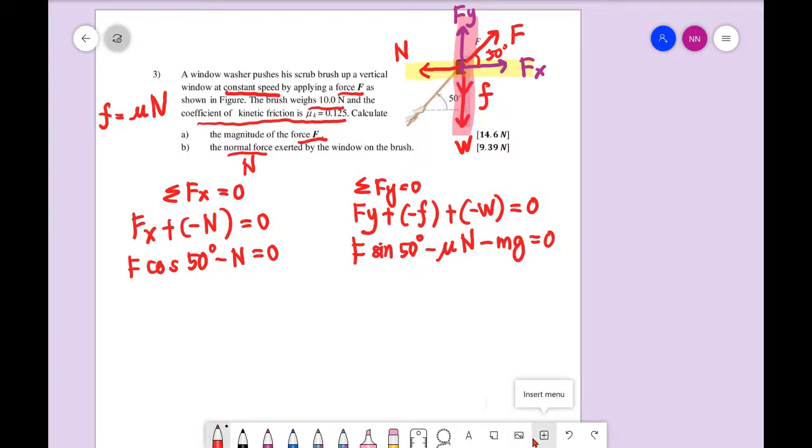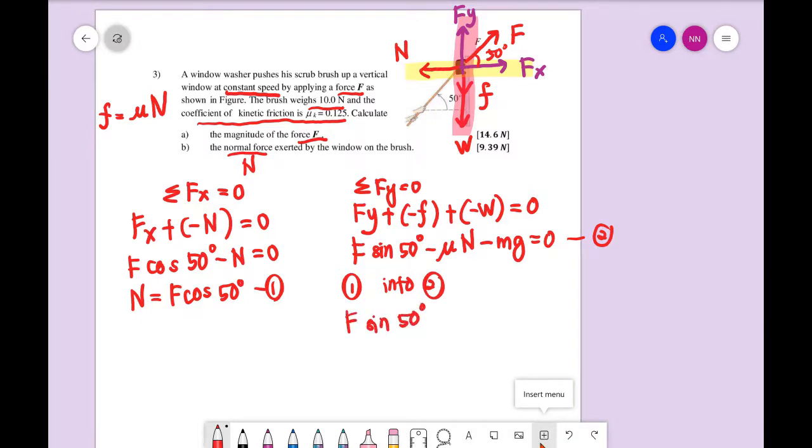Maybe from equation 1 we can let N be the subject, so N equals F cos 50 degrees. Substitute equation 1 into equation 2. So we have F sin 50 degrees minus mu.